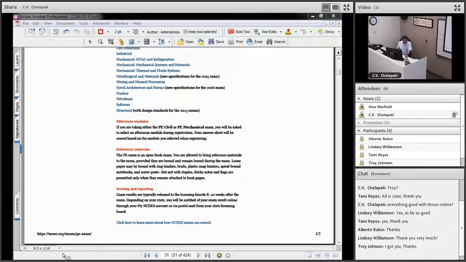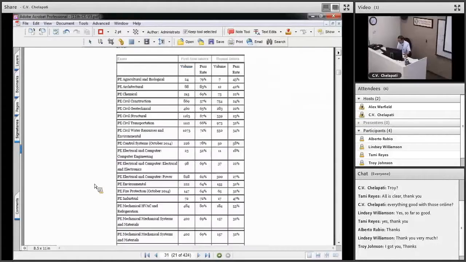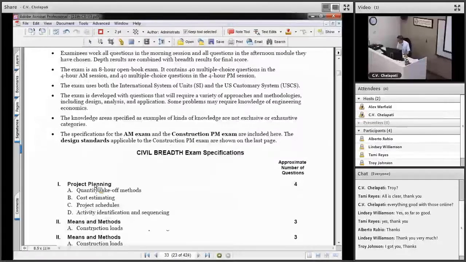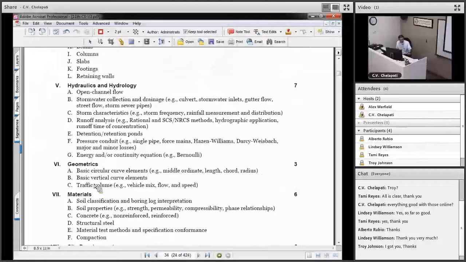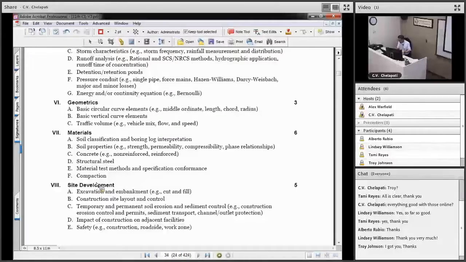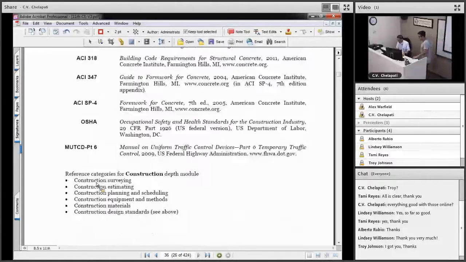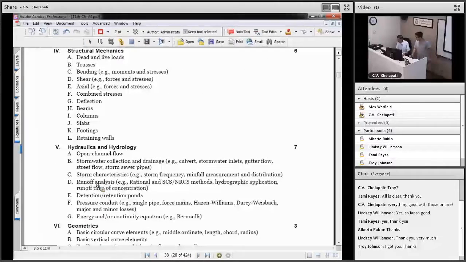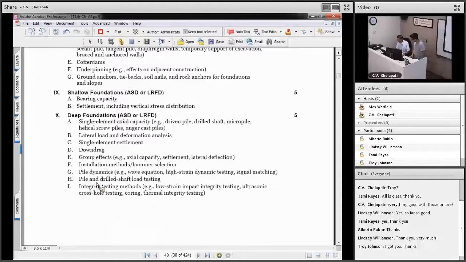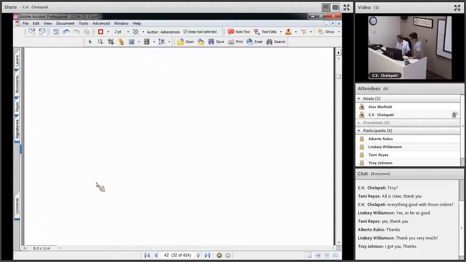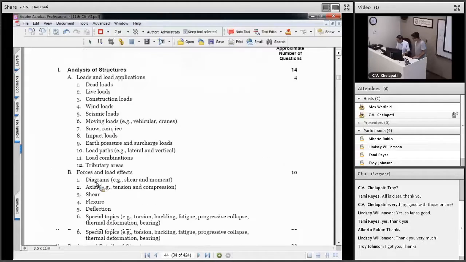Okay, now, Alex, I need help. Oh, okay, I got it. Okay, it's all right. I had trouble getting back to this screen. Okay, I got it. Yeah, gotta find the right first page.